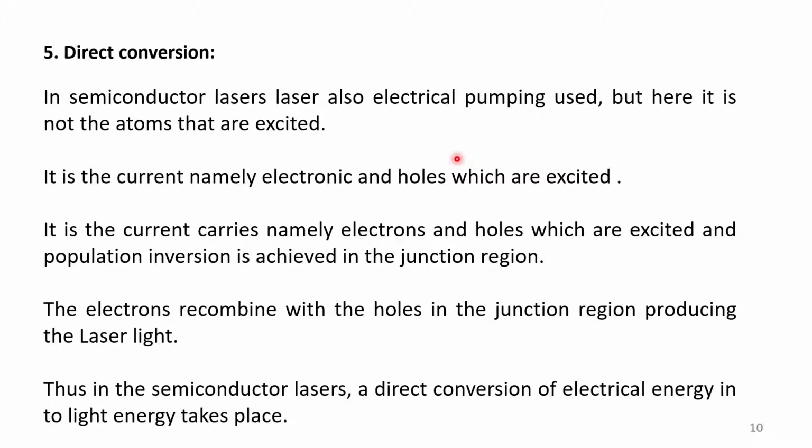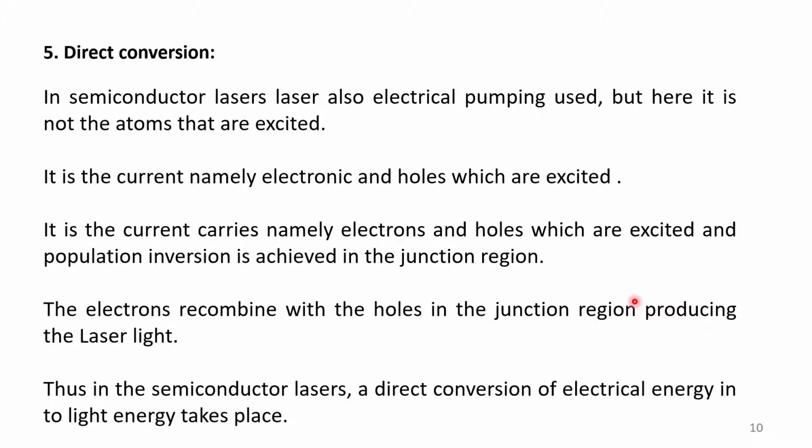Here the current is flowing, and the current is due to the electrons and the holes which are in the excited state. So it is the current carriers, namely the electrons and the holes, which are in the excited state, and the population inversion is achieved in the junction region.